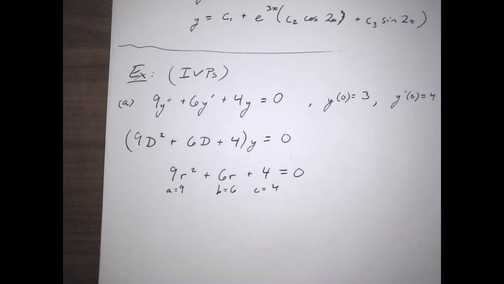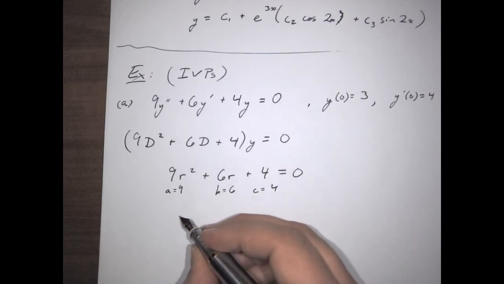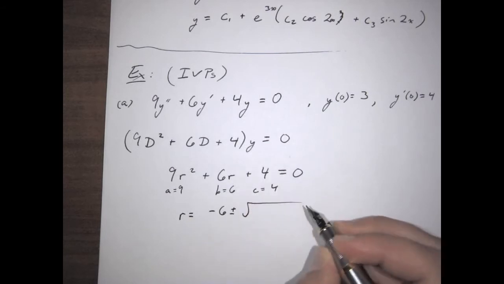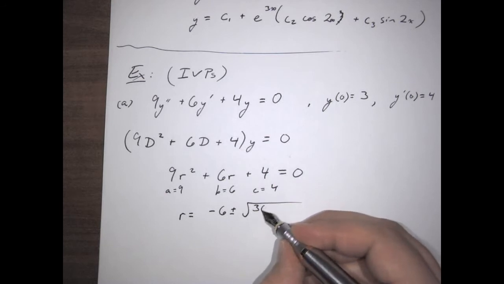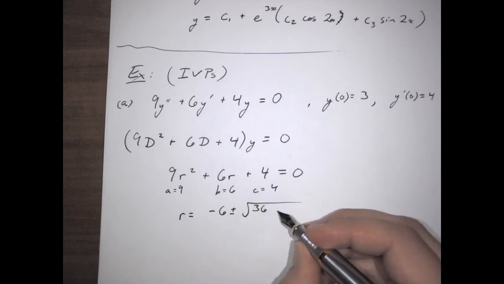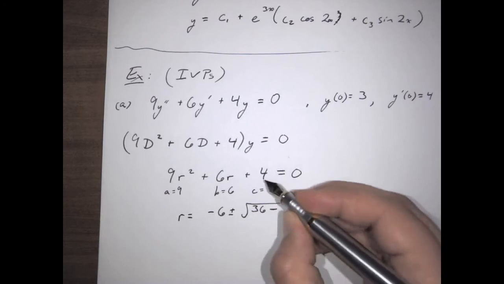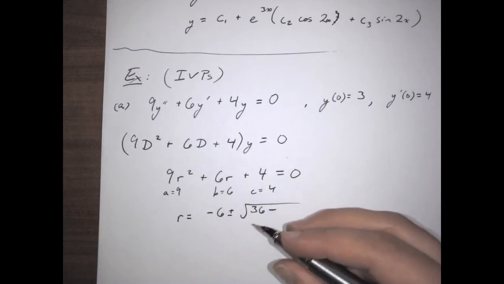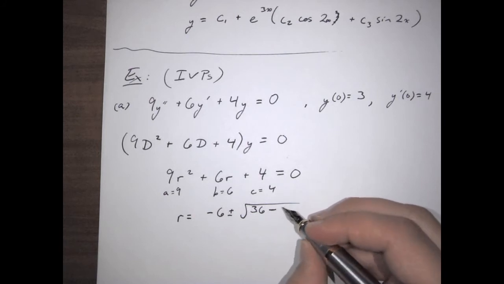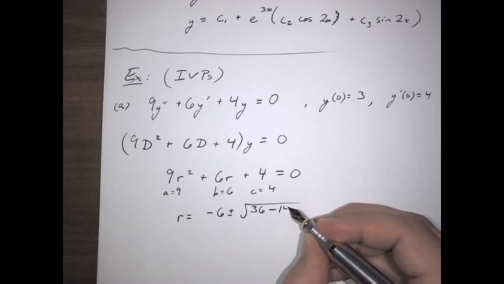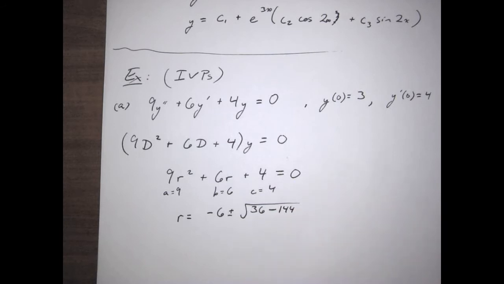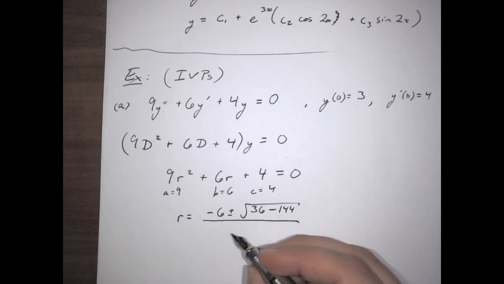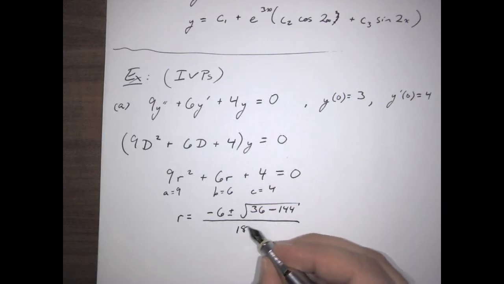So it's going to be with an a of 9, b of 6, c of 4. So that's going to give us an r equals negative 6 plus or minus the square root of b squared minus 4 times a times c. So that's going to be minus 4 times 9 times 4, which is going to be 144, and then divided by 2a, which is going to be 18.